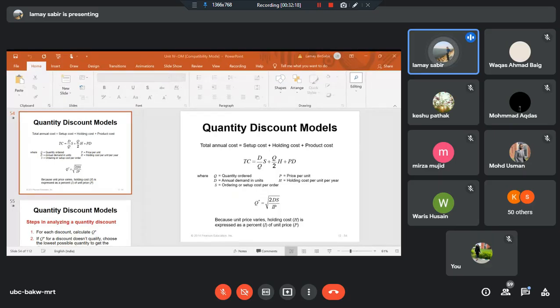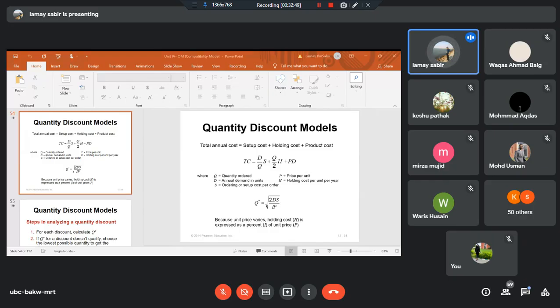Before I move ahead and tell you the formula or the logic of the quantity discount model, one very important observation that you have to make is in the EOQ formula, which is the square root of 2 into capital D, that is the annual demand, multiplied by S, which is the ordering cost, and whole divided by capital H. But here in place of capital H, we have given IP.